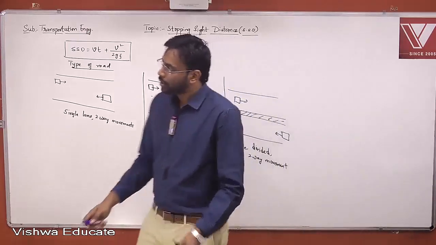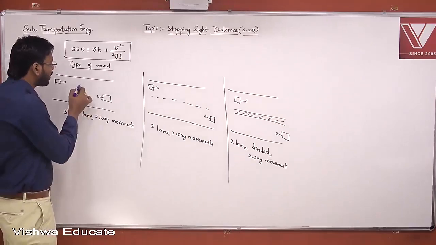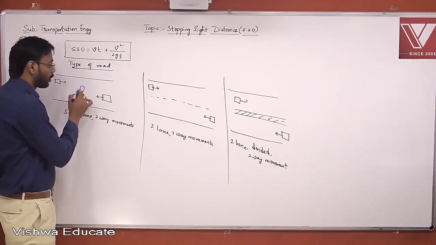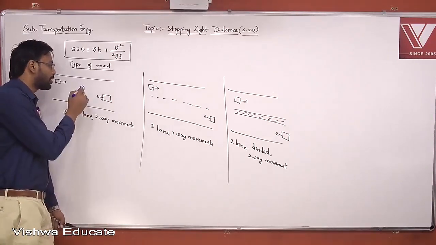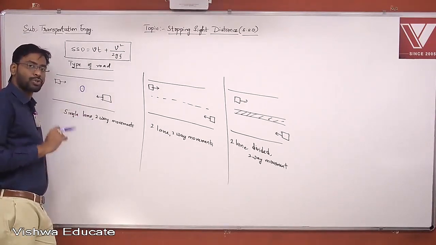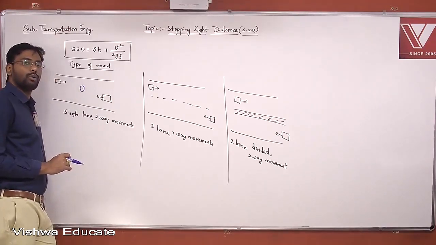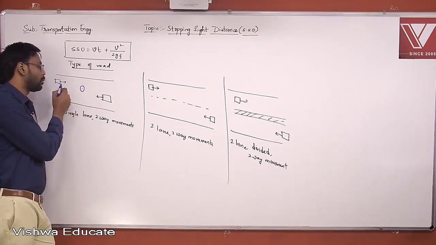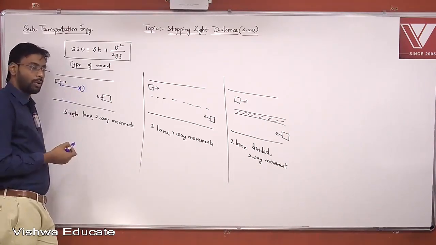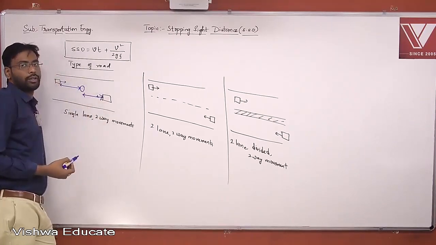So I've taken three cases here. Now, let me see what happens in these three cases. For example, if there is an obstruction here, who should stop? In order to avoid an accident here, what should be done? This vehicle needs to stop, and in order to avoid an accident here, even this vehicle needs to stop.